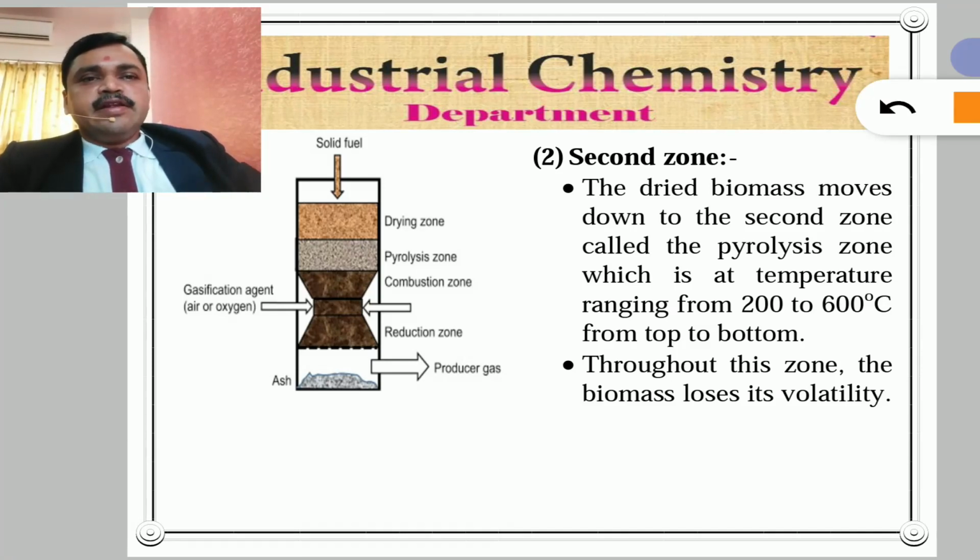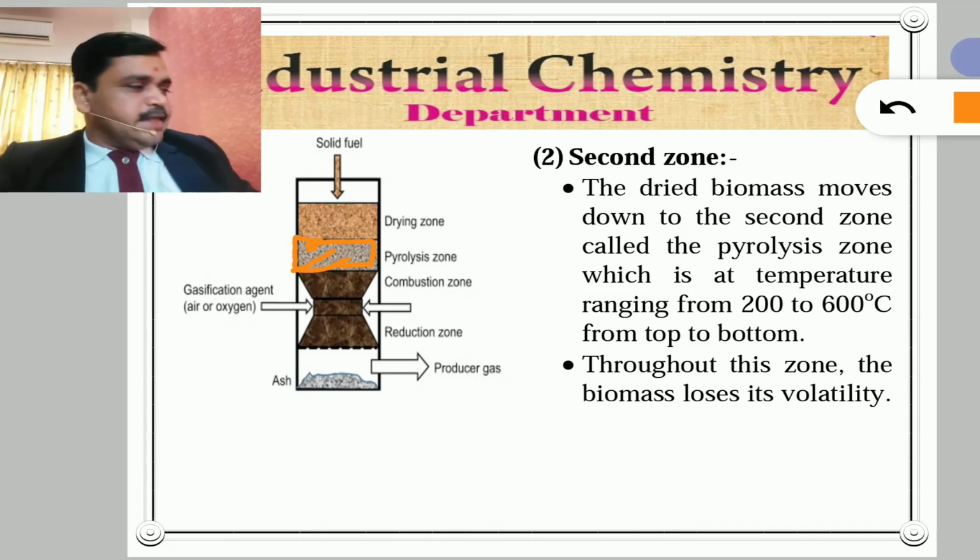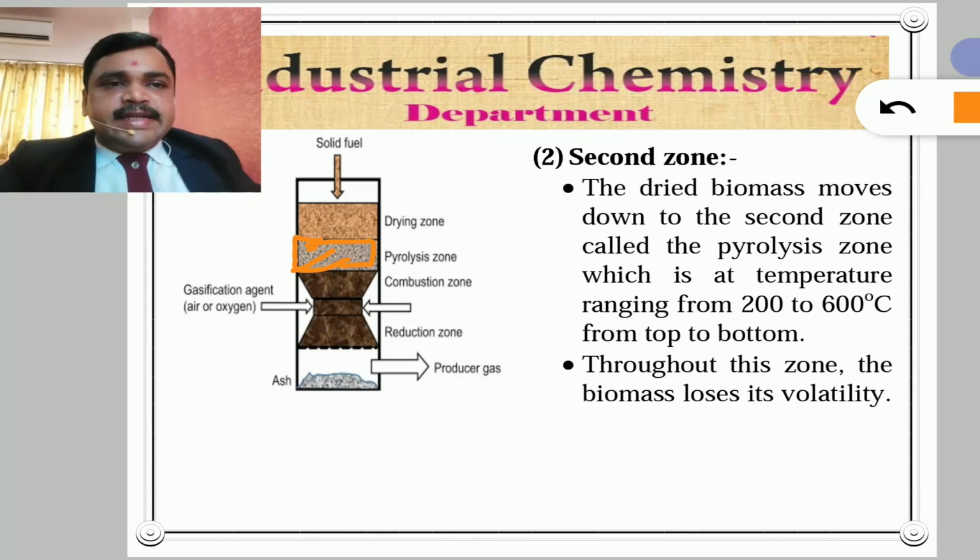Note this zone is known as the pyrolysis zone, and the temperature ranges from 200 to 600 degrees Celsius, top to bottom.